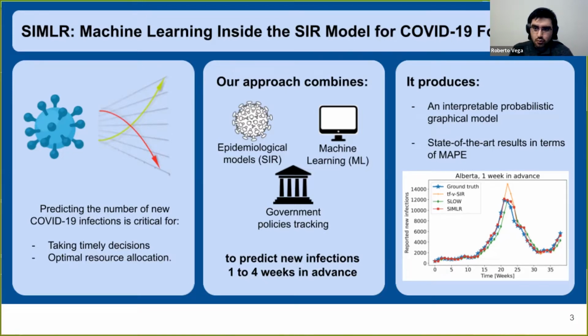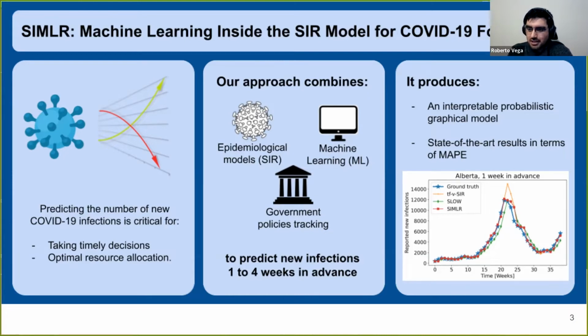And this approach produced state-of-the-art results in terms of MAPE, the mean absolute percentage error. This is basically a percentage of how much you missed.